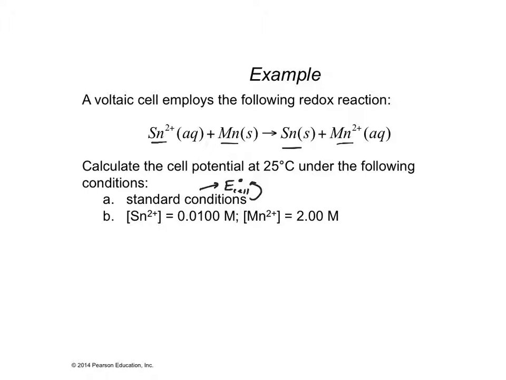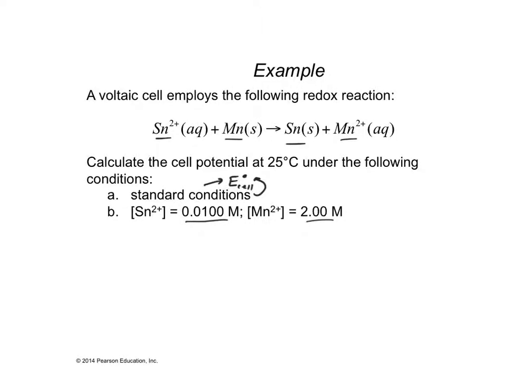And then we want to calculate it when we've moved away from standard conditions, when the Sn concentration is 0.01 and the manganese concentration is 2. Okay, so to do that, for part A, just calculating the cell potential at standard state, what do we need to do? Write the half reactions, right? We have to look up the reduction potentials for the two half reactions. So who is being reduced here?